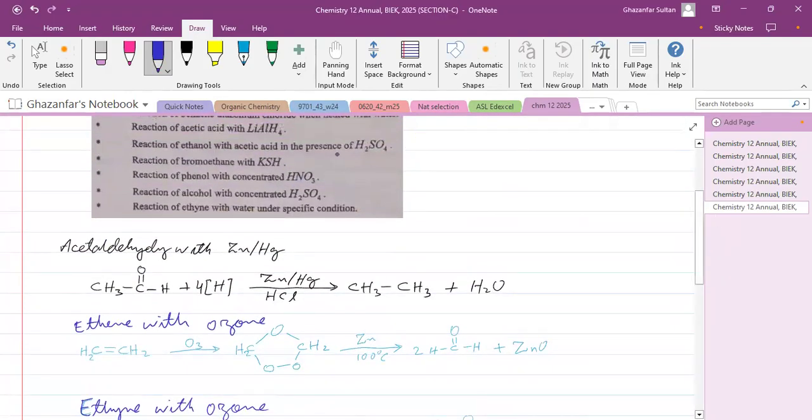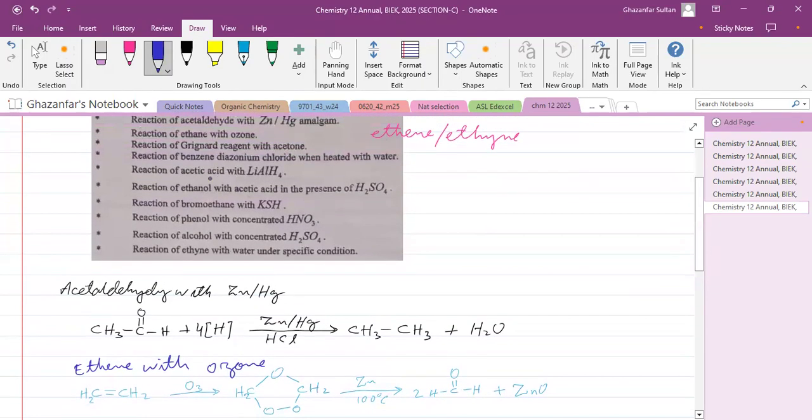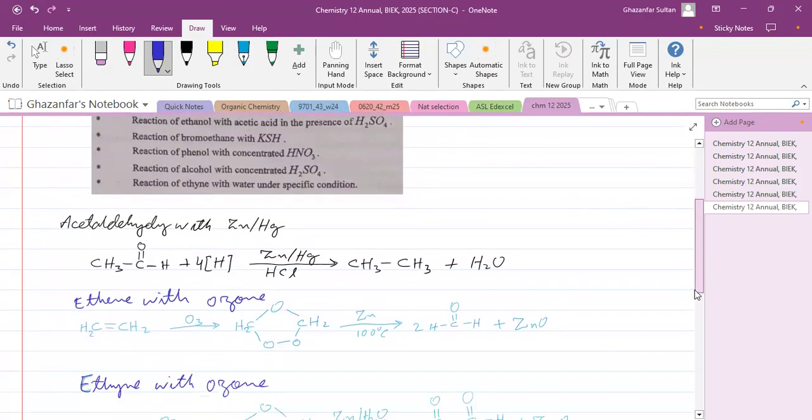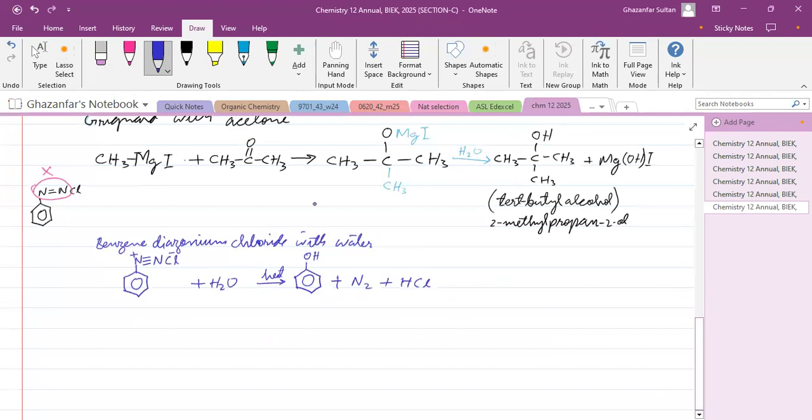Now the next one is the reaction of acetic acid with lithium aluminum hydride, a very powerful reducing agent.